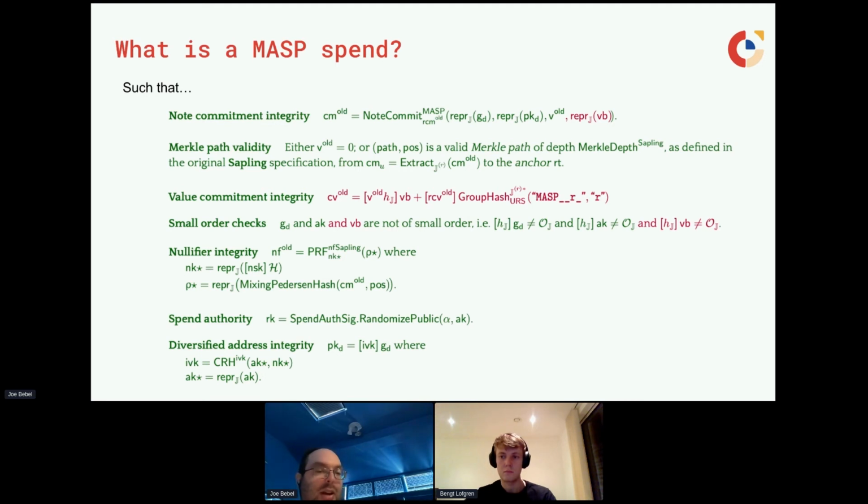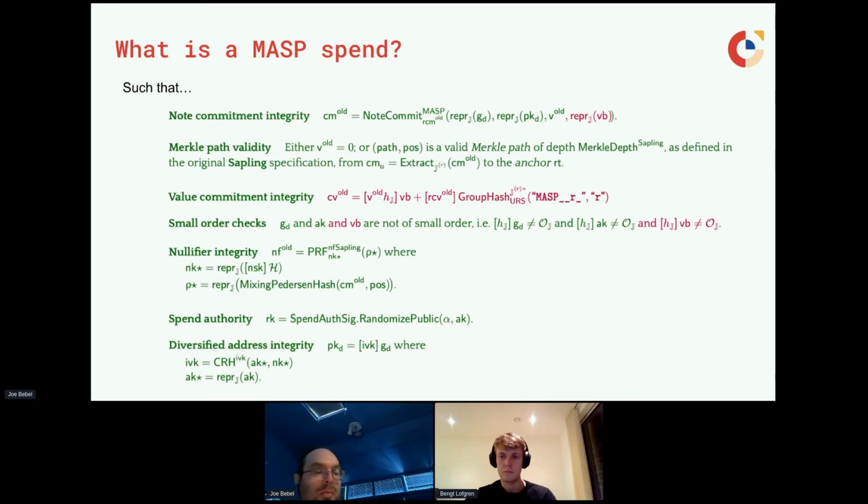But the asset generator, the value base in the Pedersen commitment, now comes from our private input and comes from our note commitment. And so as long as our private input matches what was committed to in the note, and we use that asset generator in our value commitment computation, we can now be confident that the value commitment matches not just the value that's contained in the note, but also the asset type.